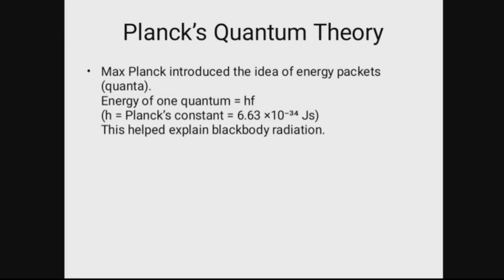That Planck's constant has a value of approximately 6.63 times 10 to the power of minus 34. 6.626 was the longer, more precise version when they had not rounded it off. They said the value was 6.626 times 10 to the power of minus 34. So that was what Planck's theory was about.